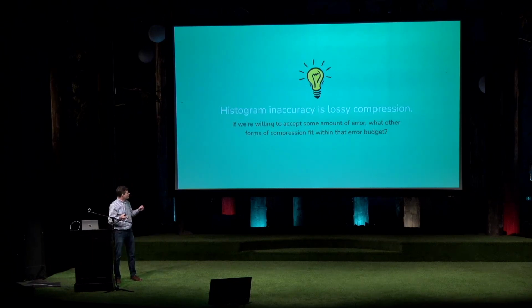And when you're accepting lossy compression, that means you're willing to accept some error. You have an error budget. And anytime you have a budget, you're like, how can I spend it best to get the most out of it, right? So one question I was asking myself is, is there any other kind of compression that we could fit into that error budget? And I would like to propose one such method, which is the clustering of histograms.